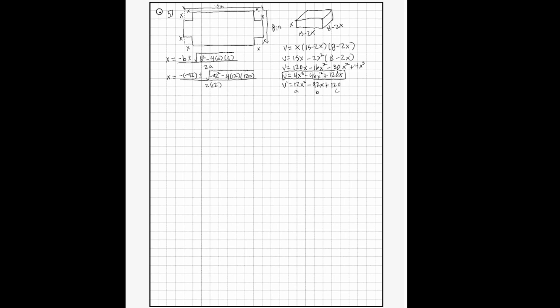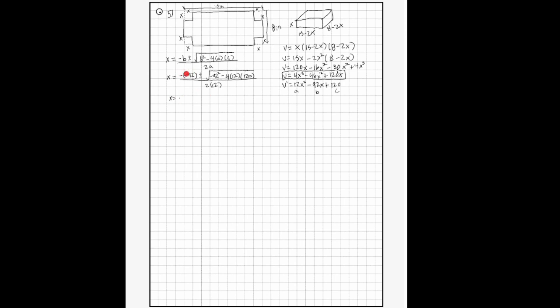Alright, so when I square negative 92, the negative cancels out, and I should get 8,464 for this one right here. And I subtract from that 5,760, which in the square root should get me 2,704.